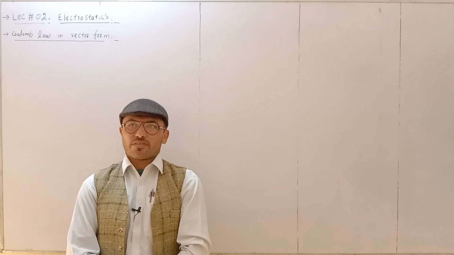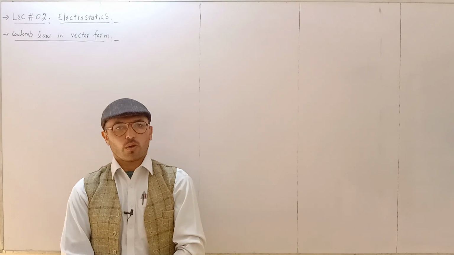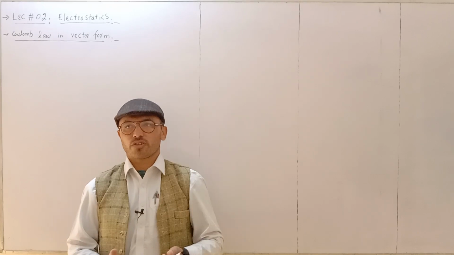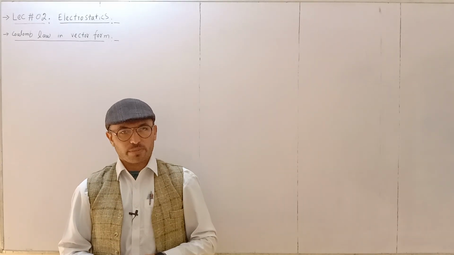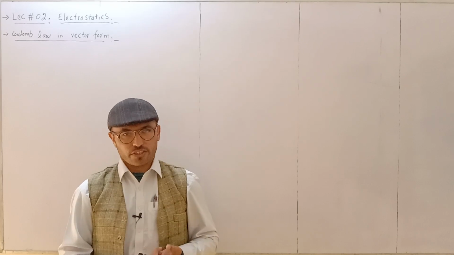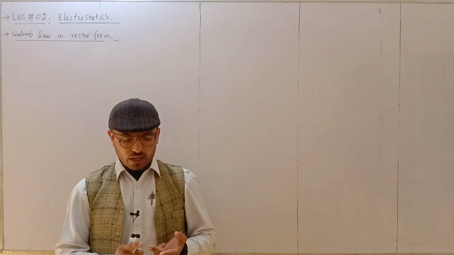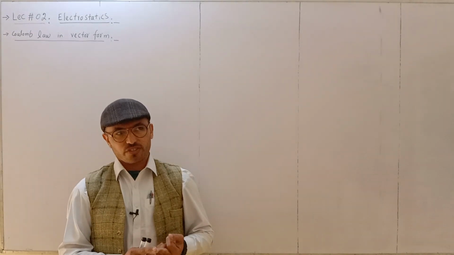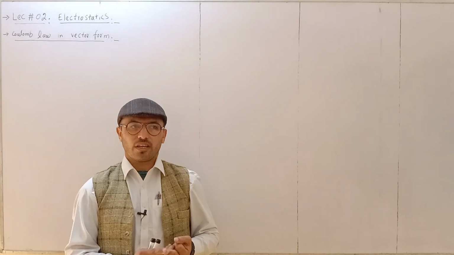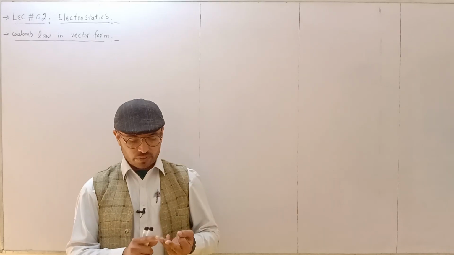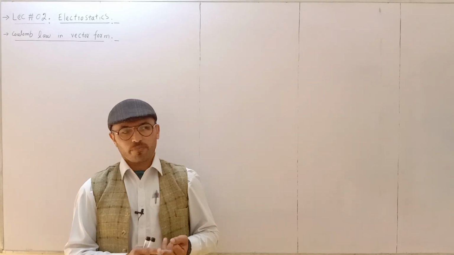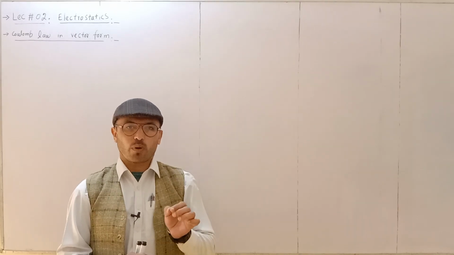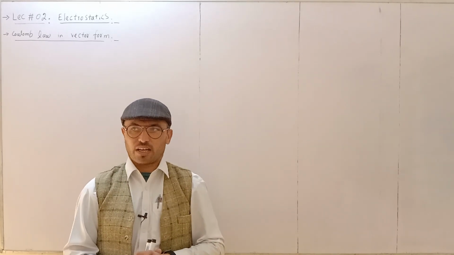In the previous lecture number 1, we discussed a brief explanation of electric charge, then the unit of electric charge, which we defined in a very simple manner, and the third step was the quantization of charge.